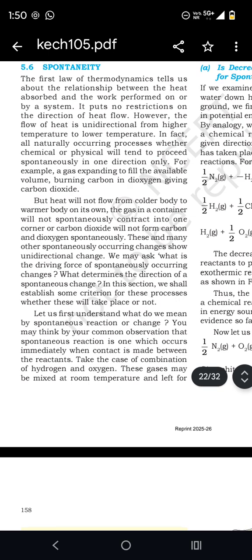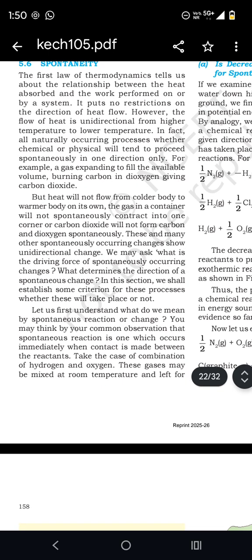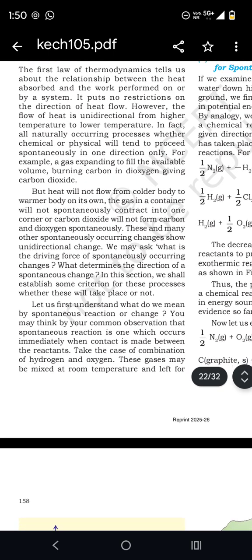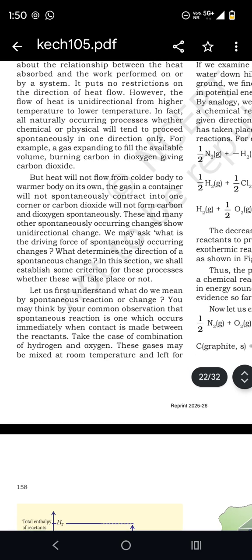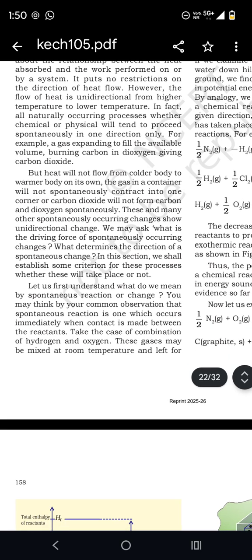The gas in a container will not spontaneously contract into one corner, and carbon dioxide will not spontaneously form carbon and oxygen. These and many other spontaneously occurring changes are unidirectional changes. We may ask what the driving force of spontaneously occurring changes is.